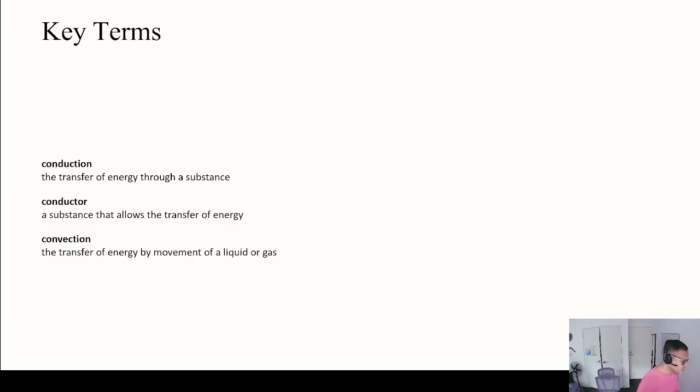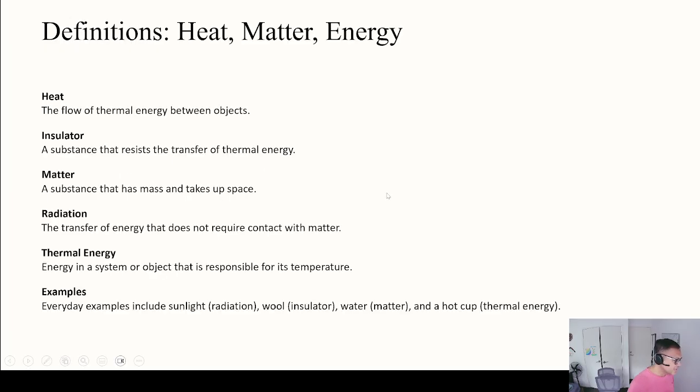Then convection was transfer of energy by movement of a liquid or gas. And some more terms: heat and thermal energy we use interchangeably generally, but if you have to really define it, heat is a flow of thermal energy. An insulator resists the transfer of thermal energy.